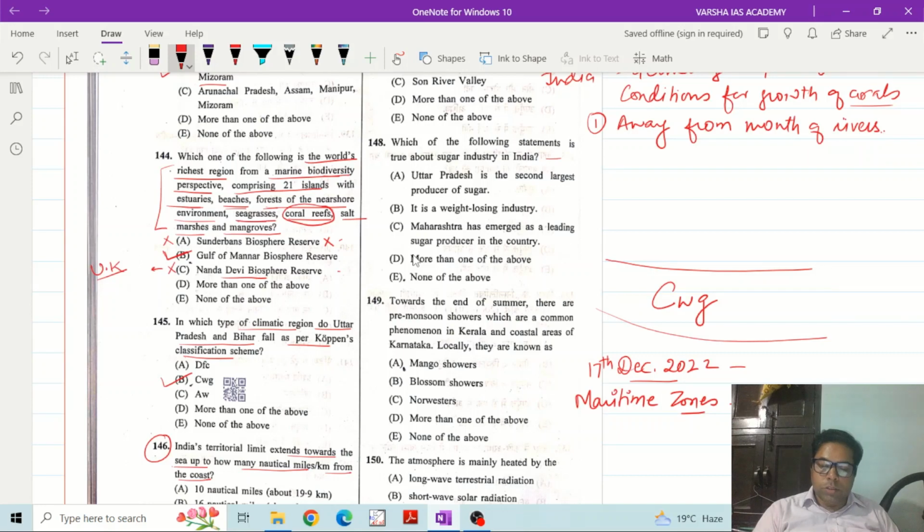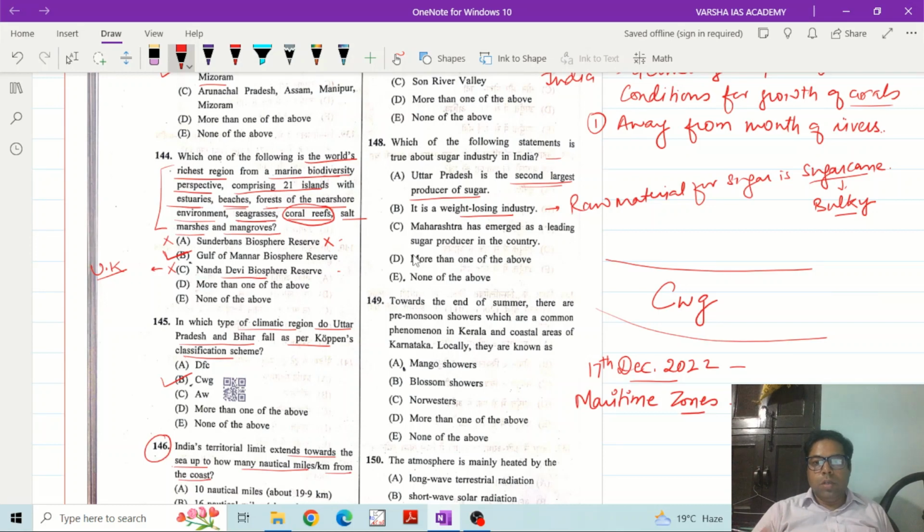Number two, it is a weight losing industry, because the raw material for sugar is sugar cane, which is a bulky product, and from this bulky product we produce a small amount of sugar.